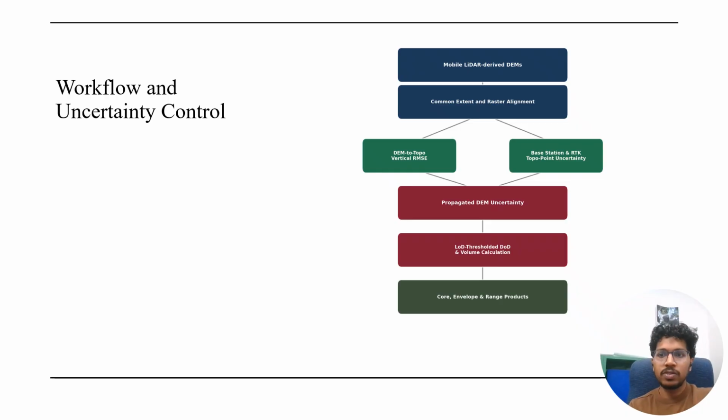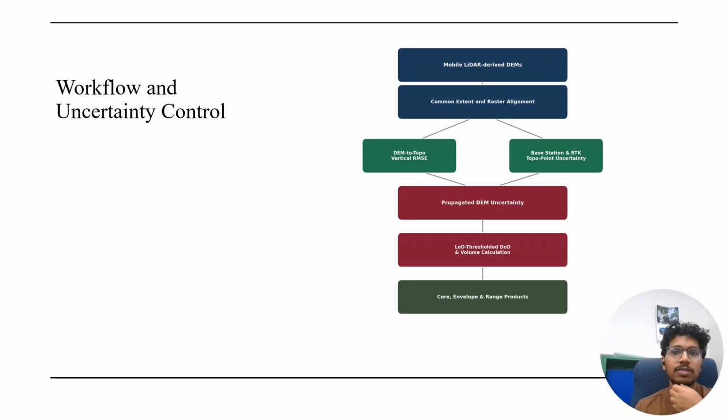The workflow starts with the DEMs created from the mobile LiDAR survey. The common extent was clipped out of all 4 timelines, then aligned using the snap raster, with the cell size set in the environment, and the DEM RMSE was calculated using the topo points.